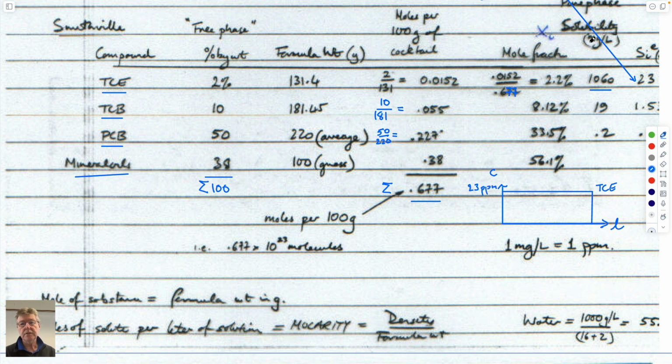So a milligram is a 1,000th of a gram, a liter of water is 1 kilogram, 1,000 grams in a kilogram, so it's 10 to the 6, so it's parts per million. And if you're doing it for TCB, I think it's 1.5.